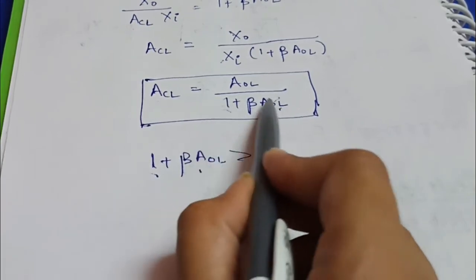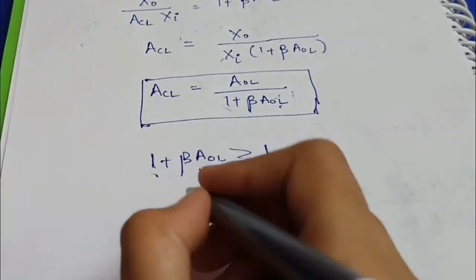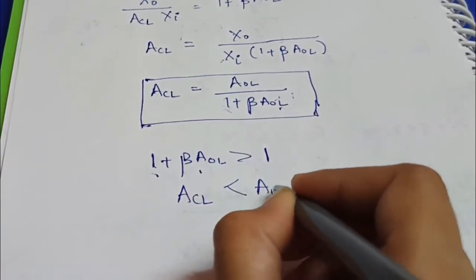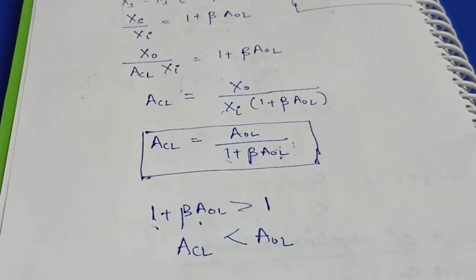Because this denominator is high, so this value is less. So basically the closed loop gain is always less than the open loop gain if we are using negative feedback. So that is the effect on gain. If we are using negative feedback, our gain reduces.